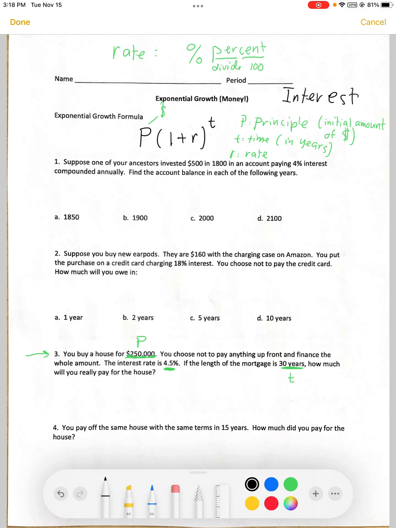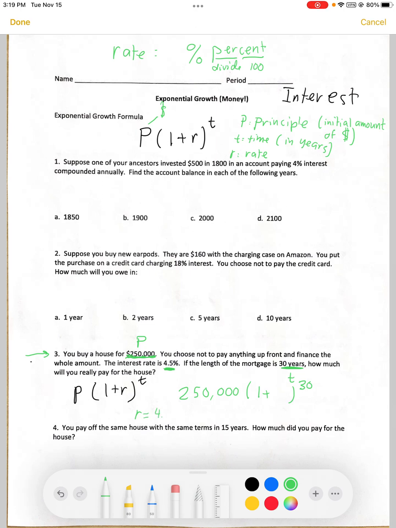how much do you really pay for the house? Well, our formula is P times 1 plus R raised to the T power. So let's go ahead and just fill in what we already know. P is going to be 250,000. One plus, we'll leave a gap for a second, and we'll put in 30 for our time. Now we have our interest rate of 4.5%.